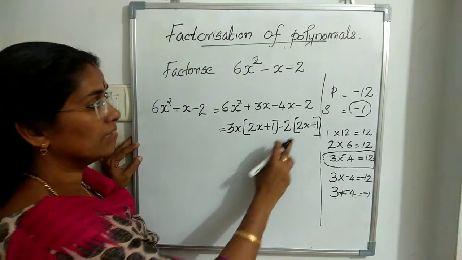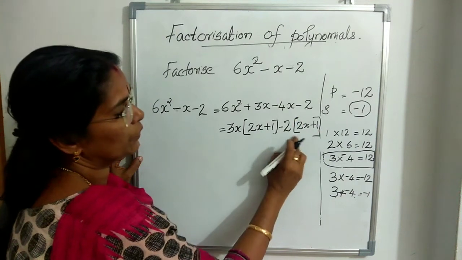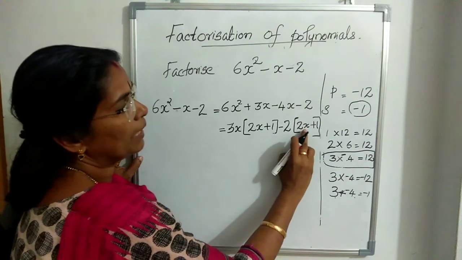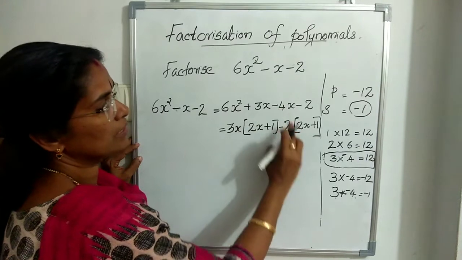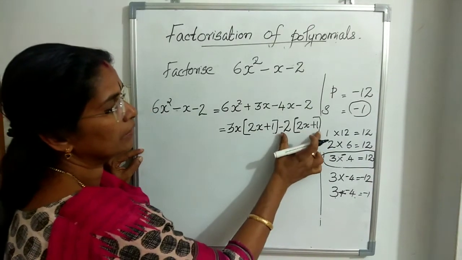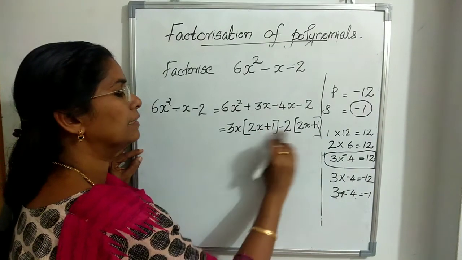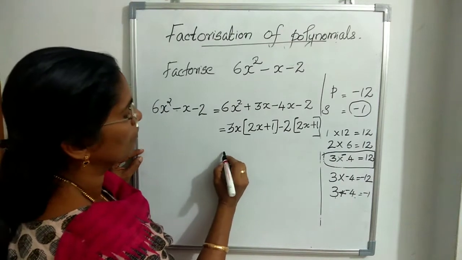Okay, we can check by multiplying these terms whether our answer is correct or not. See, minus 2 multiplied with 2x is minus 4x. Minus 2 multiplied with plus 1 is minus 2 itself. Okay, now our terms are correct. Otherwise, you can check here also. These two brackets will always be the same.